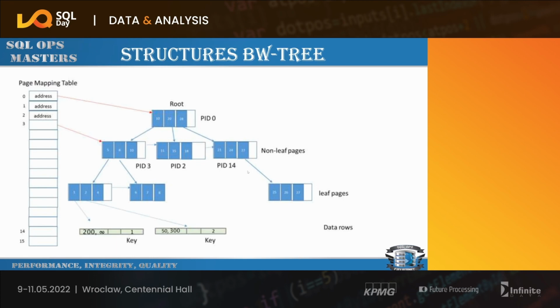In-memory OLTP. All right, so the BW tree looks like this. You basically have a page mapping table. Things look a little bit different in the structure, all right, but it's still sort of similar, right? So you have root, non-leaf pages, and leaf pages, but you have memory address mappings instead of page mappings, all right? And more bonus points if you can tell me what BW stands for.